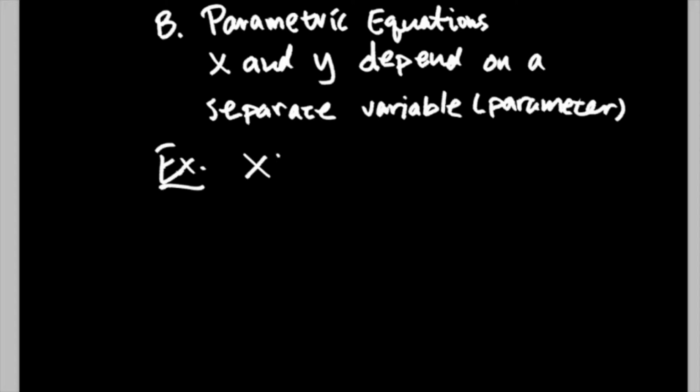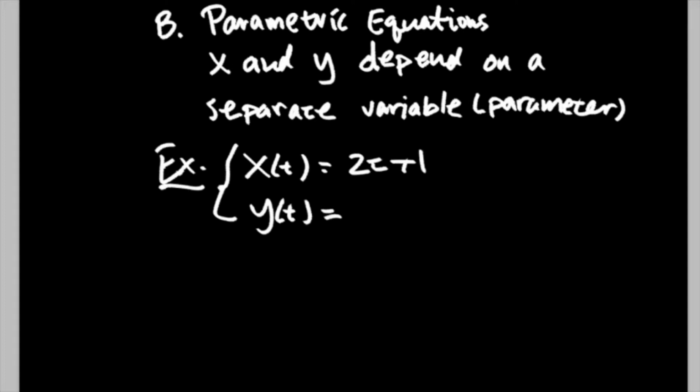I'm going to give you two equations, an x of t and a y of t. That's how they're normally written. So x of t will be 2t plus 1, and y of t will be t cubed. As we see here, there's another variable, this t.